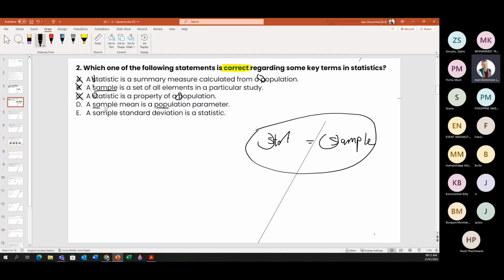Again, no. A sample mean will be a sample parameter or will be part of a sample. So it's not that. Sample standard deviation is a statistic. Correct. Okay, so sample goes with statistics. So I think that again is the important one. So in this instance, E was a correct answer.